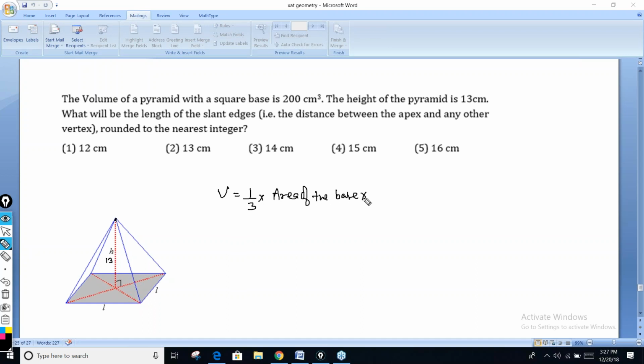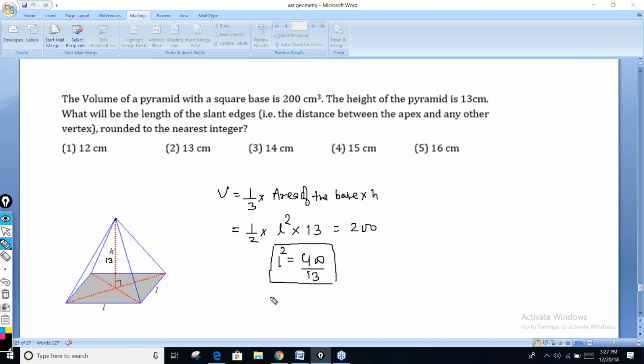I'm sure you know that. So area of the base is side square, that is L square, and height is given as 13, and the volume is given as 200. So from here we get the value of L square, that is 400 by 13. That is the side, and that is the height.